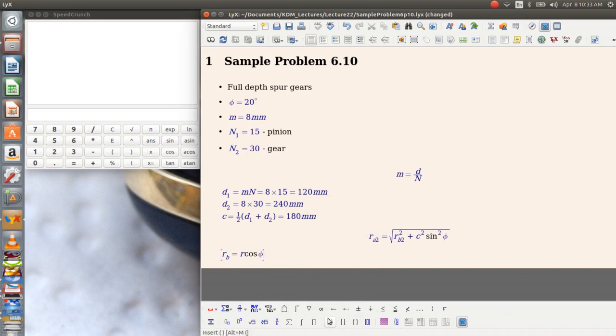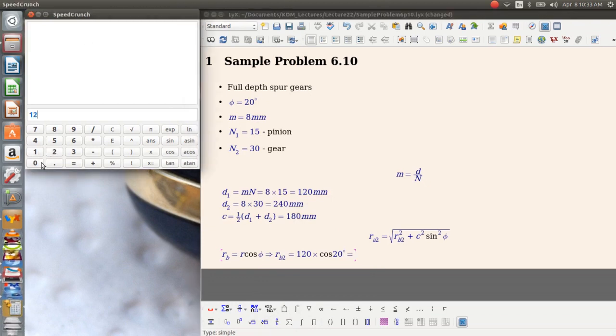So that tells me, implies, that the pitch circle radius for gear 2 is equal to the pitch radius, which is 1/2 of the pitch diameter, so 120 multiplied by the cosine of 20 degrees.